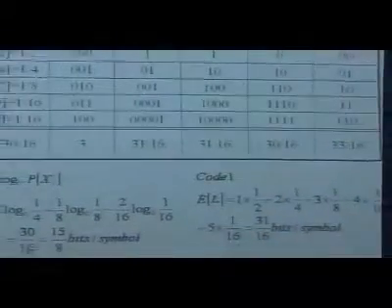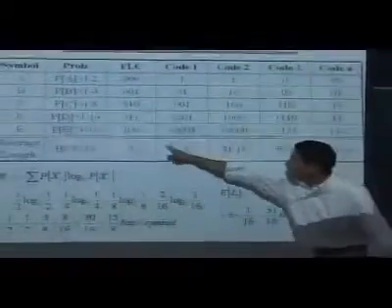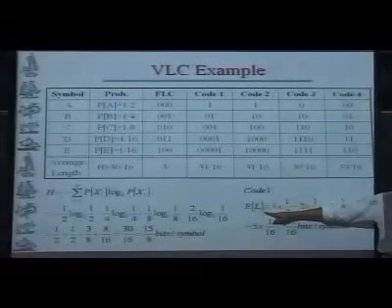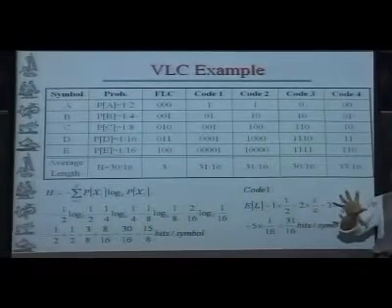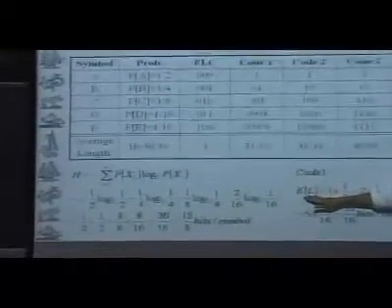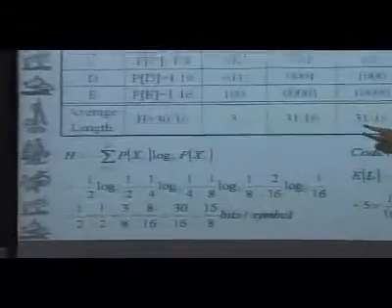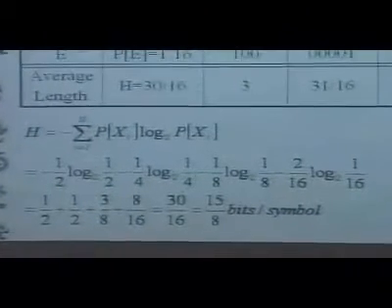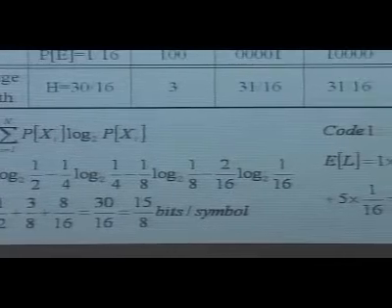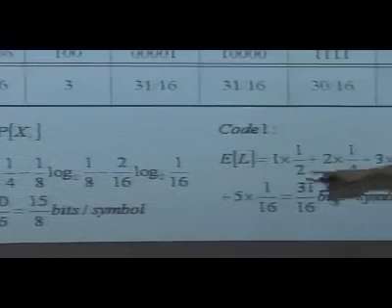So this is how I compute the entropy. And for code 1, this is how I get this 31/16 number. The expected length is the number comparable to the entropy. This is on average: how many bits are you going to take if you use this code? A happens half of the time, and every time A happens, you spend 1 bit.